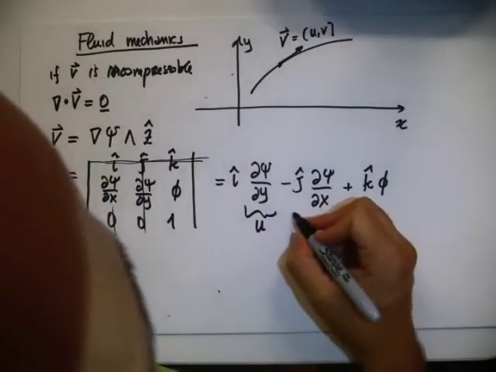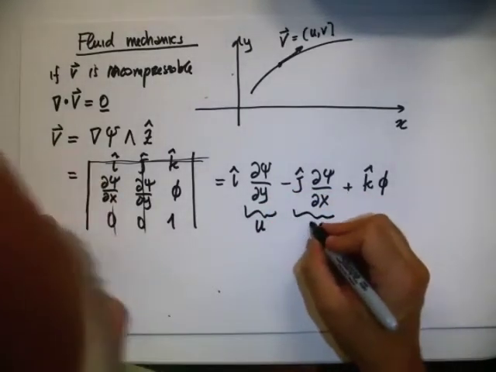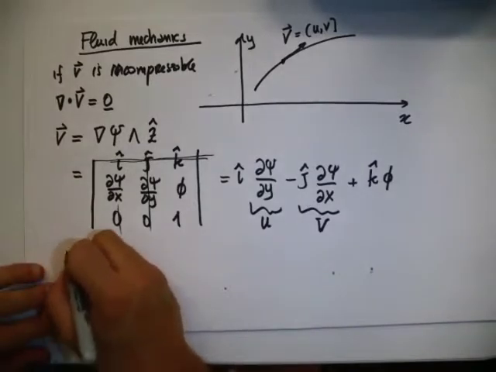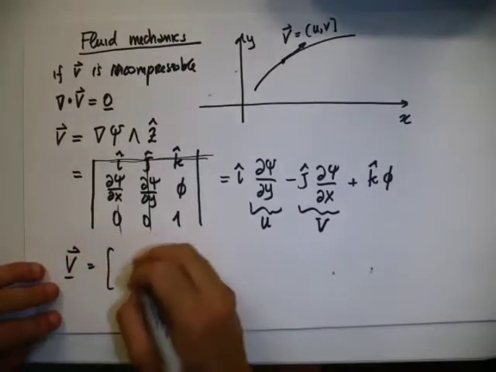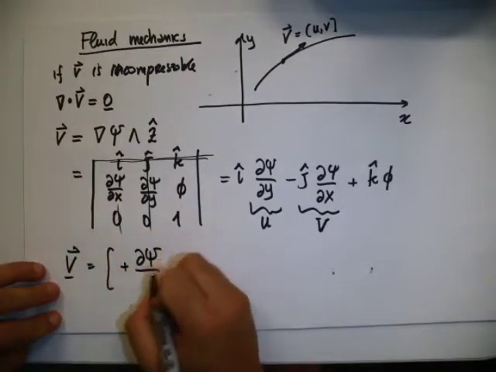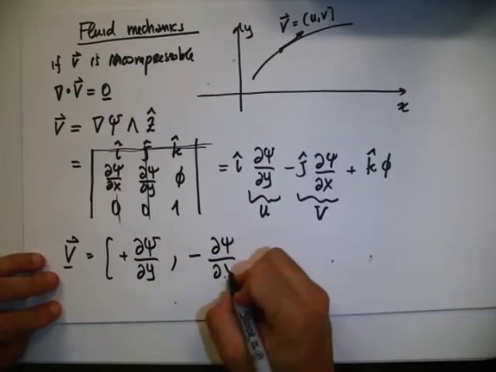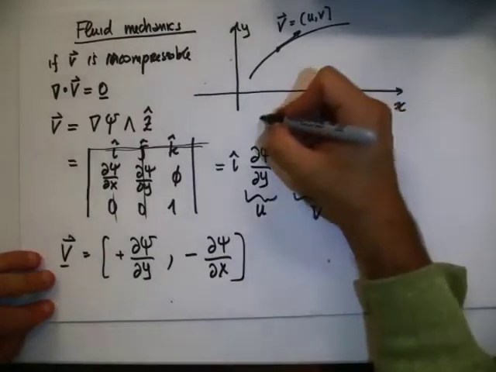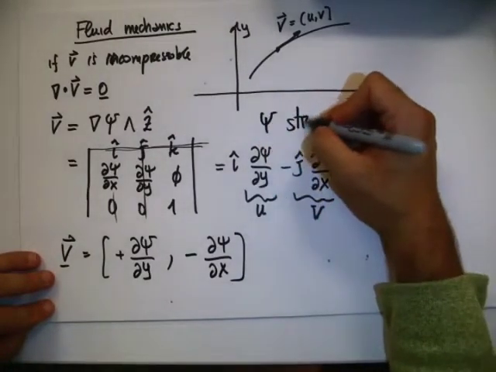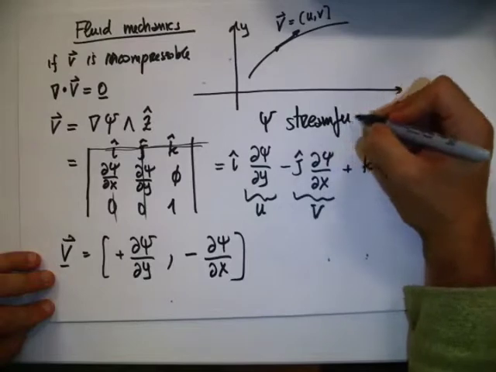So I can define this is going to be u, and this is going to be v. So the velocity field v can be written as plus the derivative of the stream function with respect to y and minus the derivative of the stream function with respect to x. So ψ is the stream function.